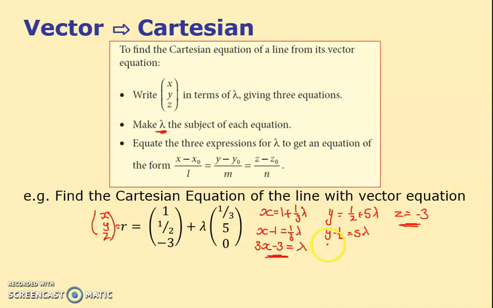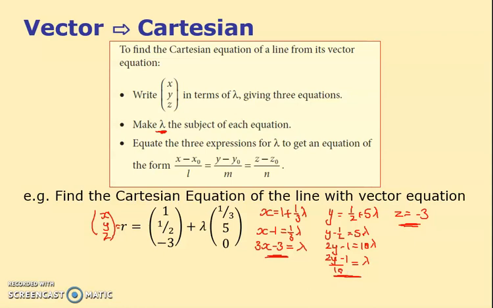I don't like this y minus a half, so I'm going to double everything: 2y minus 1 equals 10 lambda. Now I can write 2y minus 1 over 10 equals lambda. I could have written 1 minus a half over 5, but it's the same thing. I don't like a fraction within a fraction.